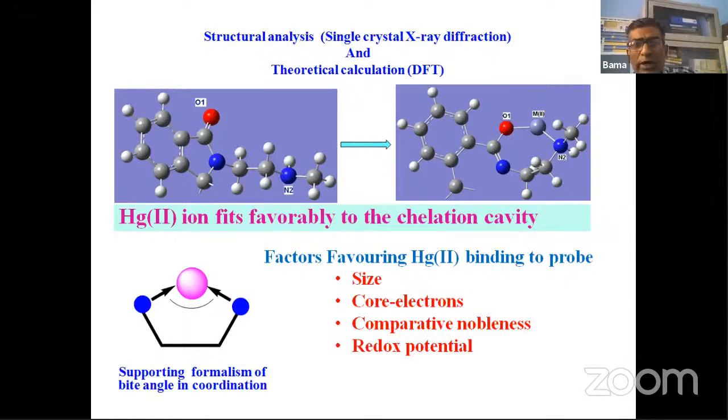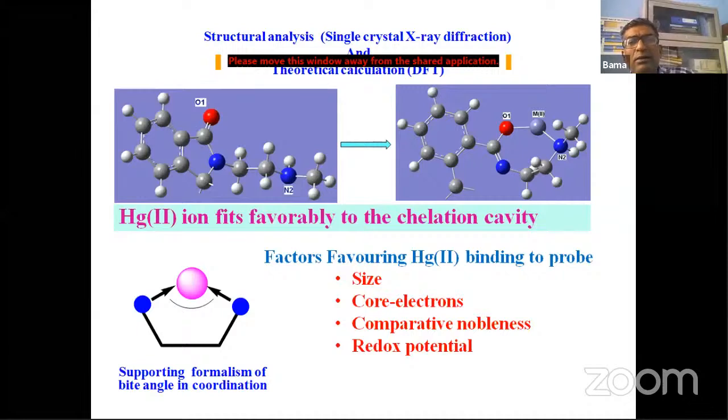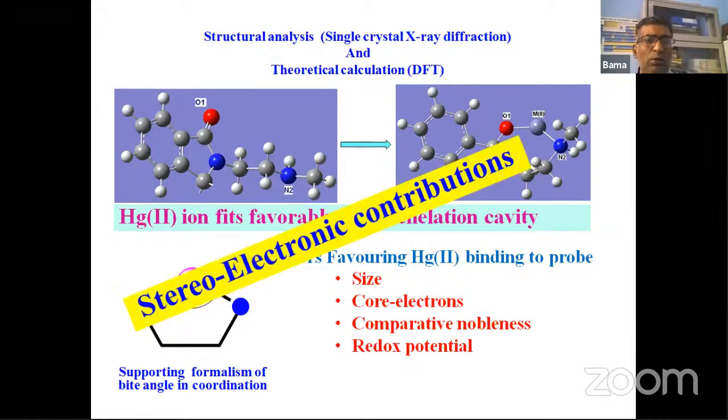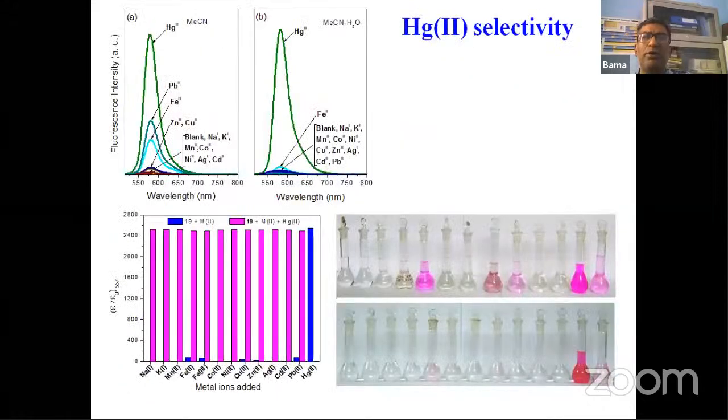There are core electron involvement and the redox potential, everything favorably suits the chelation of mercury towards this kind of molecule having the amino group, and basically it's a host guest chemistry problem. So we have shown that these factors favor the mercury binding to this kind of molecule. This we term as a stereoelectronic configuration.